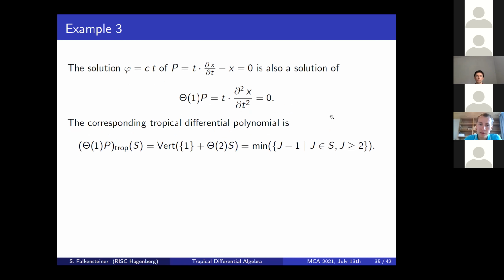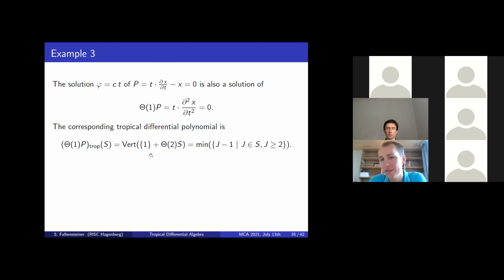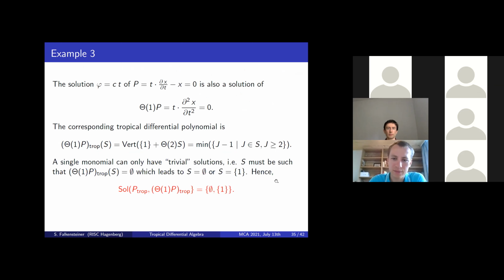And here, the interesting thing is, for being a solution of the tropical version of it, you always need at least 2 contributions, or none, which means that this here always has to be the empty set. So the only possibility is that J contains 1 or is the empty set. So these can be called trivial solutions of this tropical polynomial, or monomial if you want.